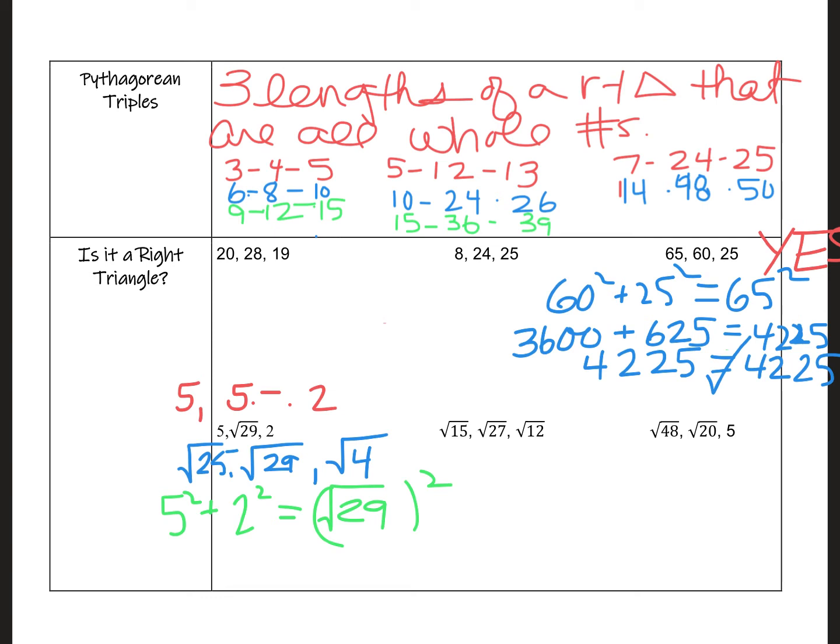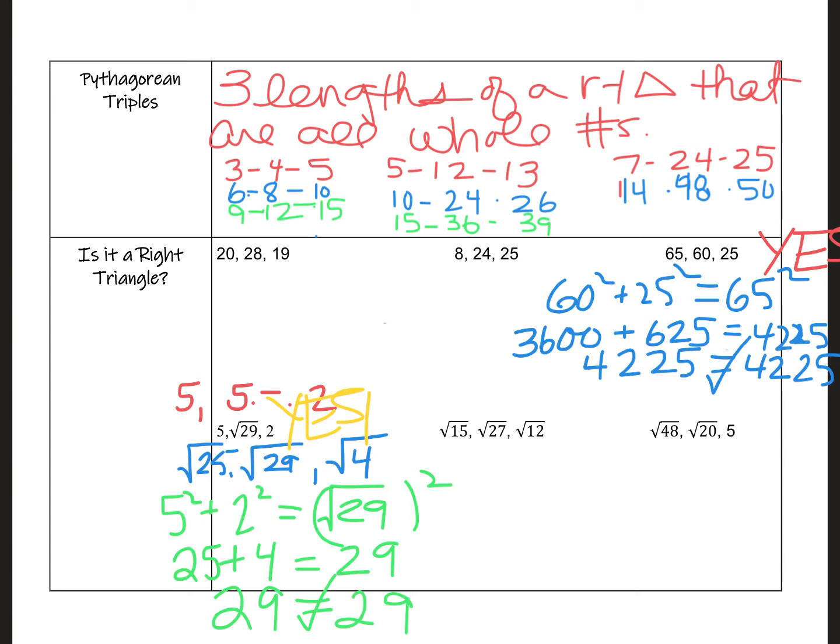Well, the left side, that's nice and easy, 25 plus 4. But on the right side, do you remember when you square a radical, the square and the radical just cancel out. So therefore, the square root of 29 squared is just 29. Looks complicated, but it ends up being nice and easy. So now we just add this together, and we get that 29 does equal 29. And so yeah, this one worked. This was a right triangle, yes.